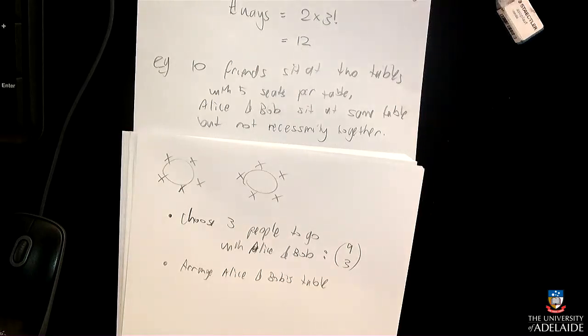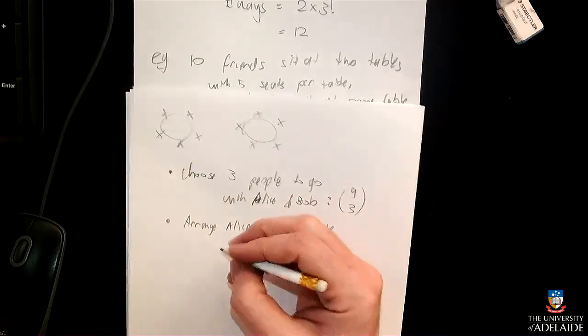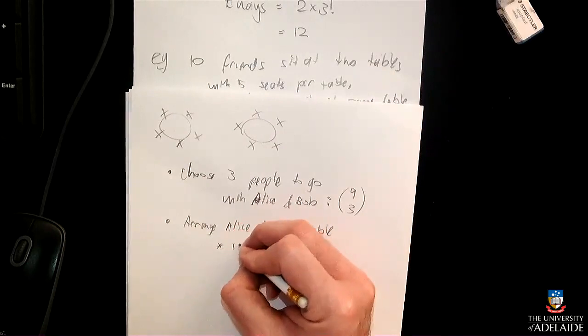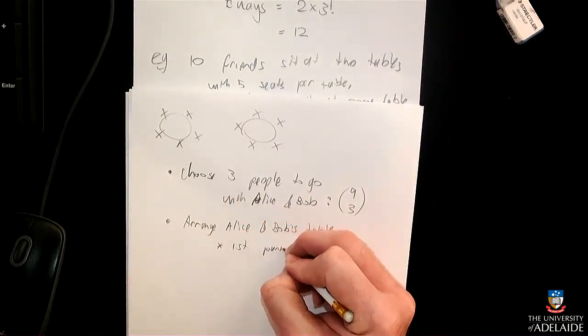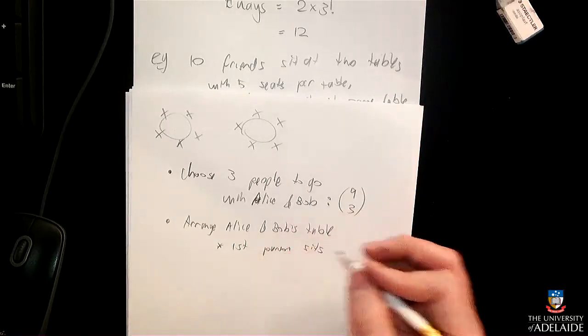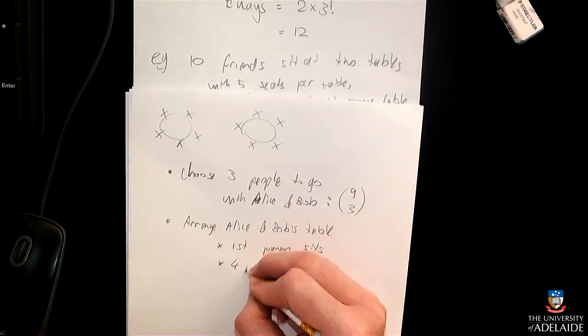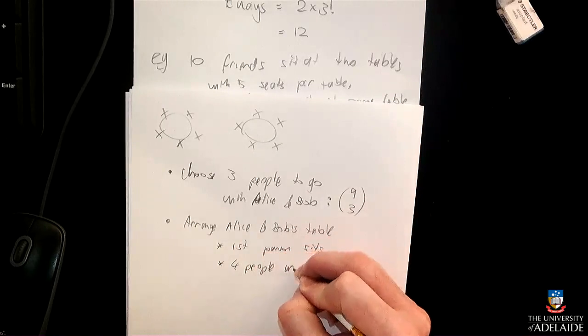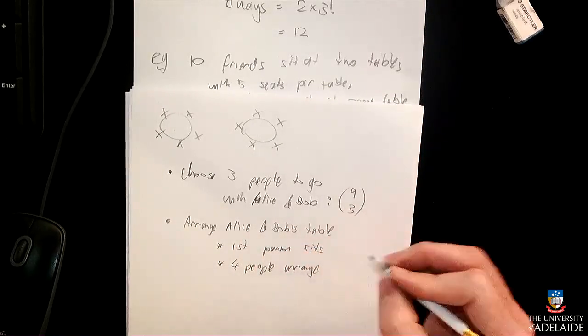Once someone sits down, everyone else can sit relative to them. So this is the sub-story. First person sits. Maybe it's Alice, it doesn't really matter. And then 4 people arrange relative to them.